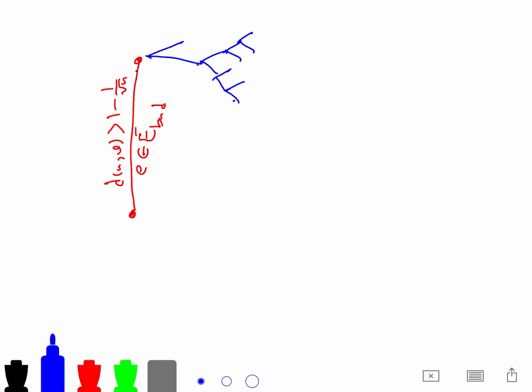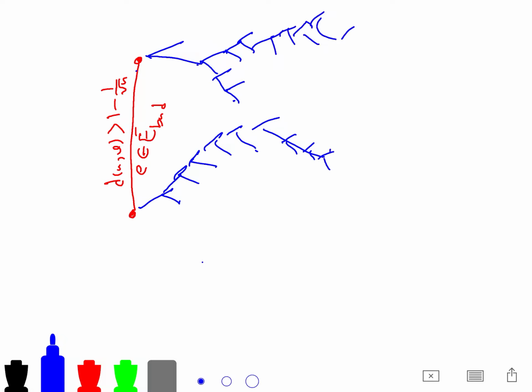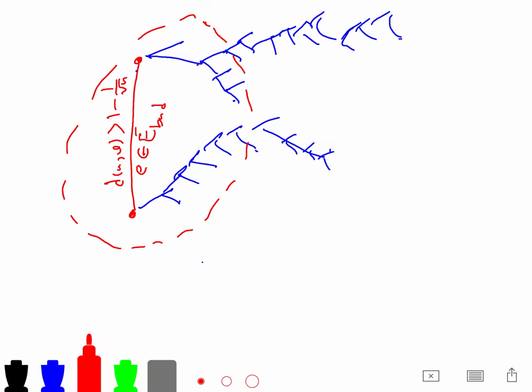So these are edges, as you see, whose length looks very small. It goes like this, and then like this. It goes to the next cluster after some time. So when you cluster, this is a cut.